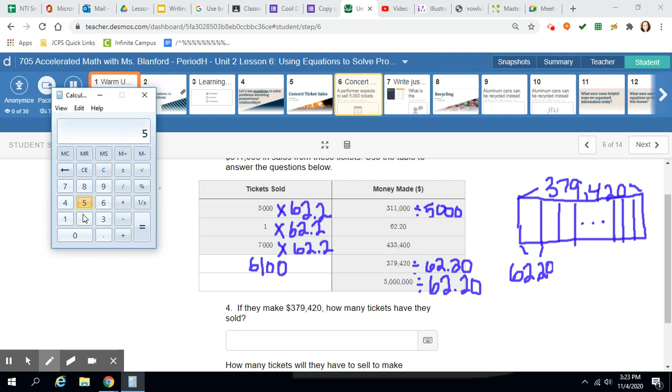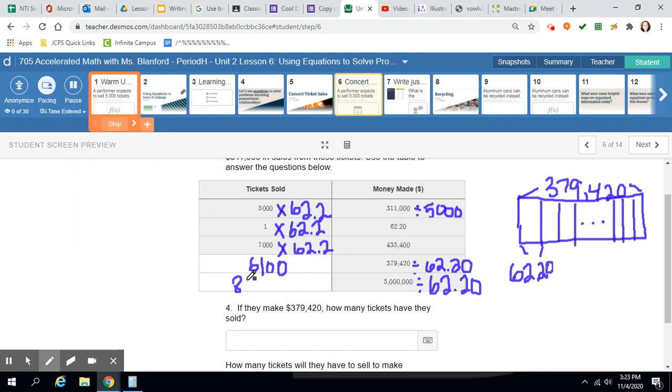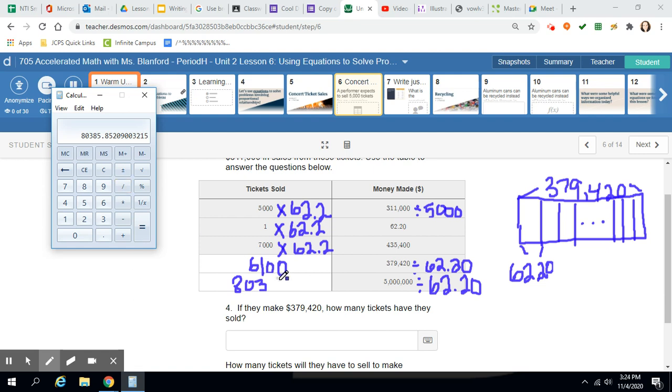Goodness. So 5, let me make sure, 0, yep, that's 5 million divided by $62.20. Okay, so we got, oh boy, I didn't catch that, 80385.